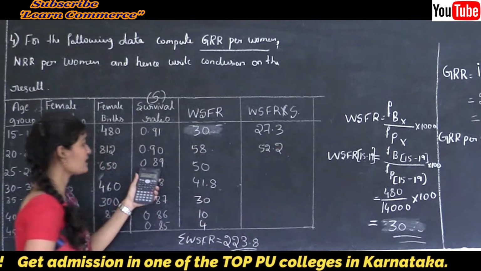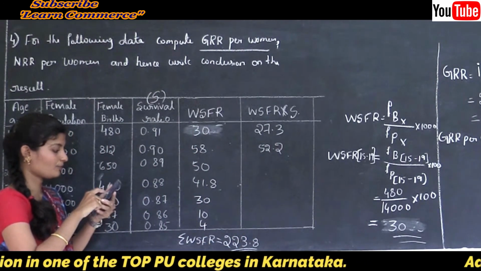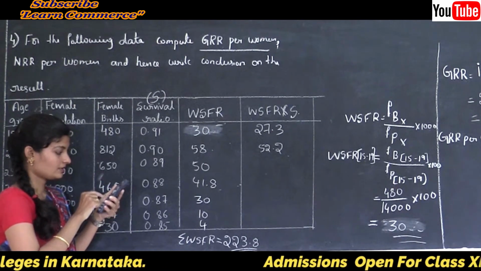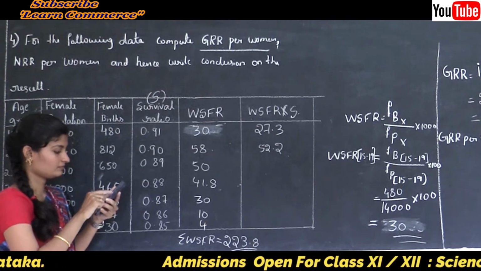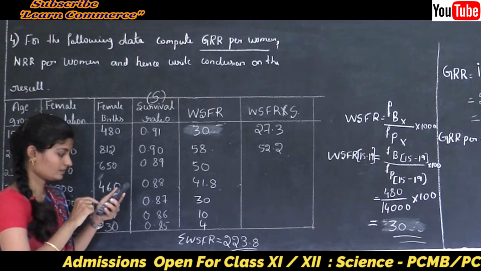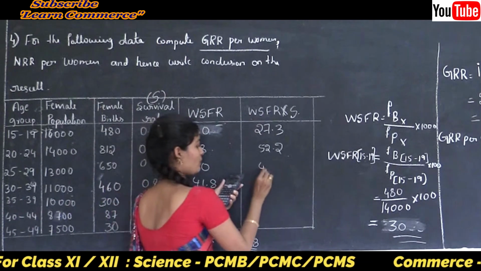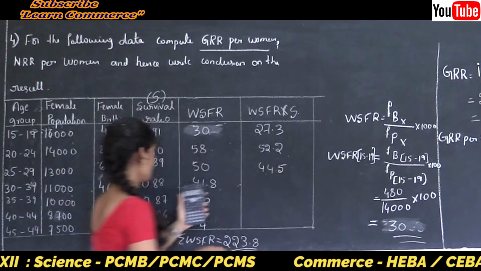Next survival ratio is 0.89 into 50, that is 44.5.